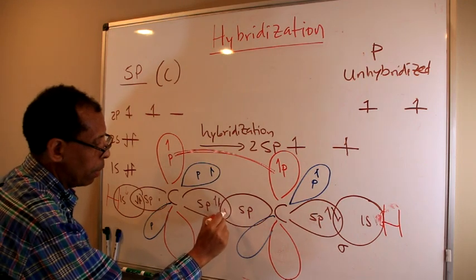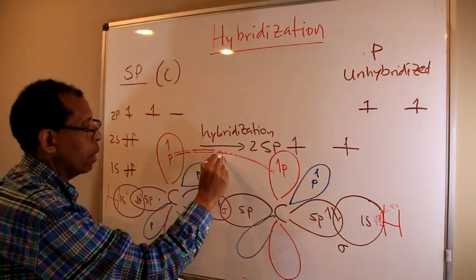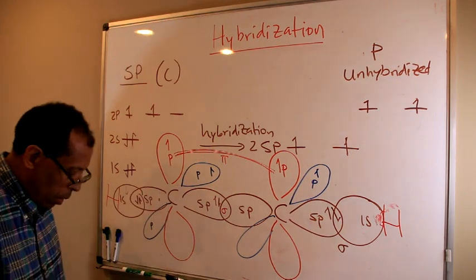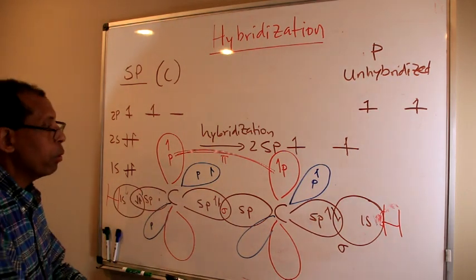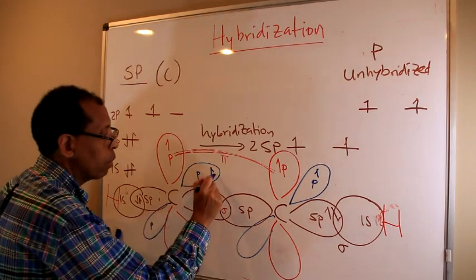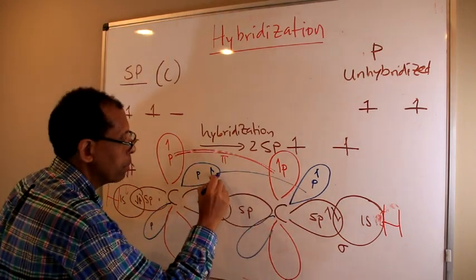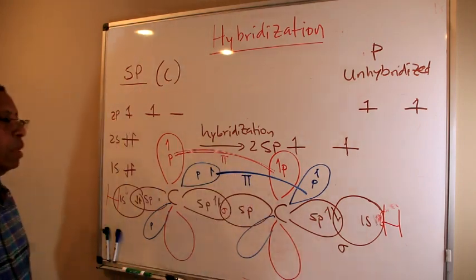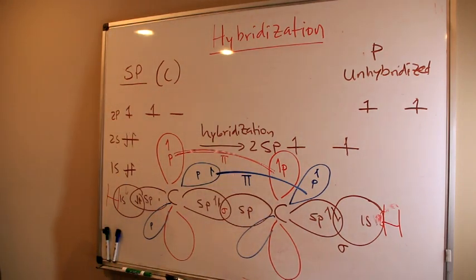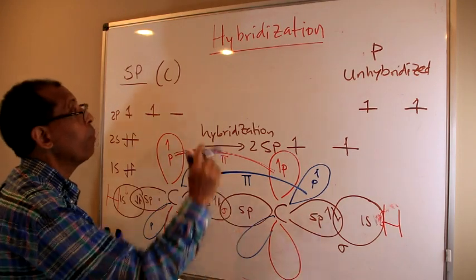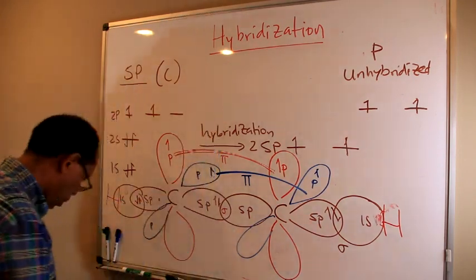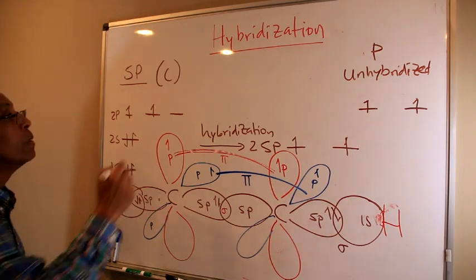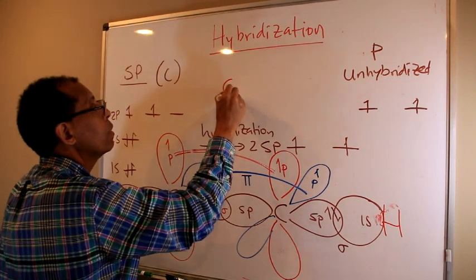This is a sigma bond. This is a pi bond. Furthermore, the other 90 degree oriented p orbitals also make a pi bond, because it's a p overlap. So this, representing a molecule like this, is acetylene with sp hybridization. So it looks like this.